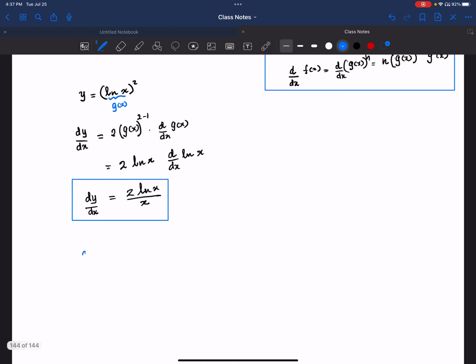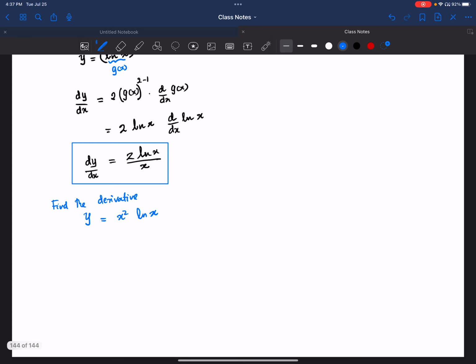Find the derivative of y equals x squared natural log of x.